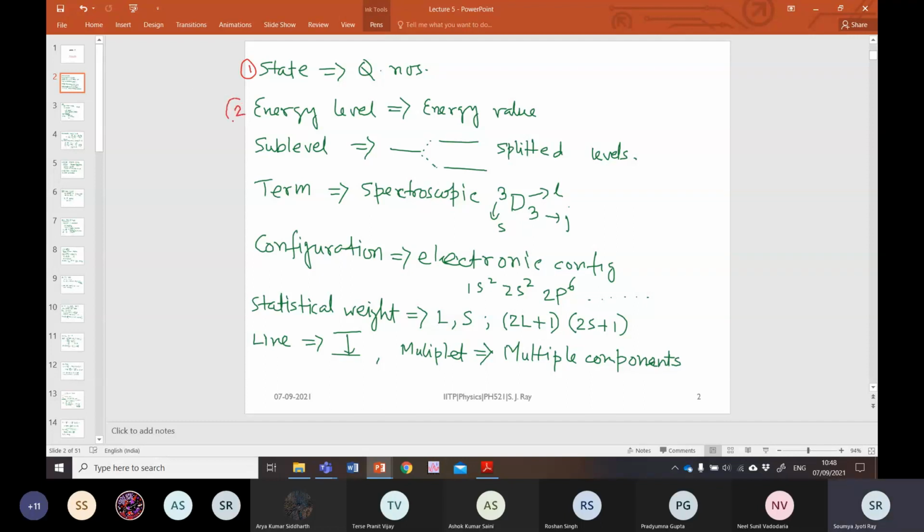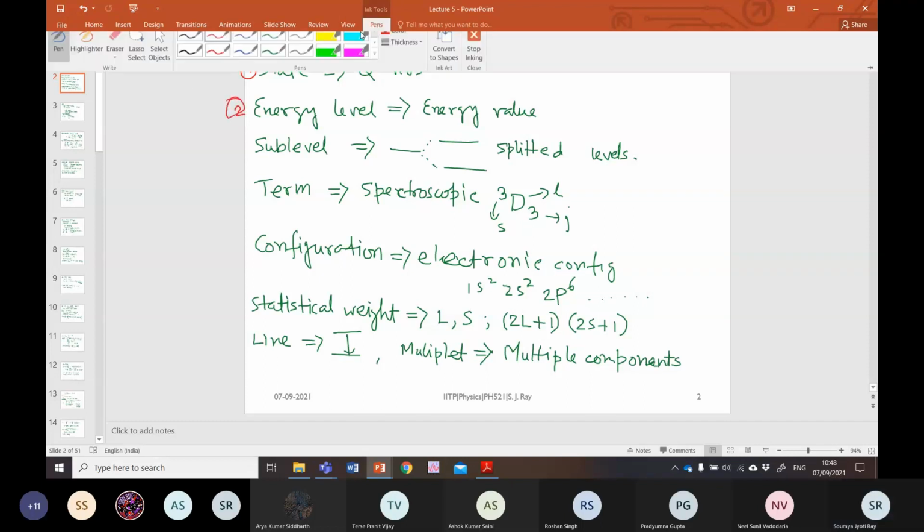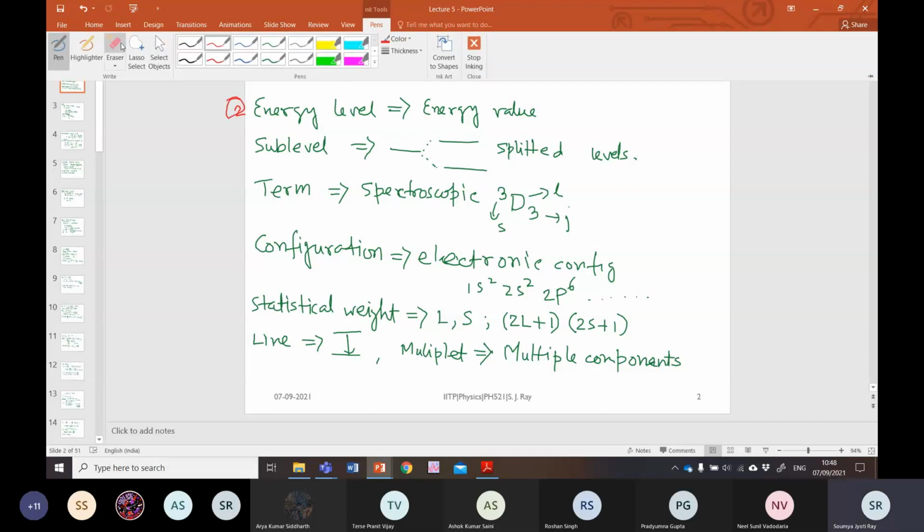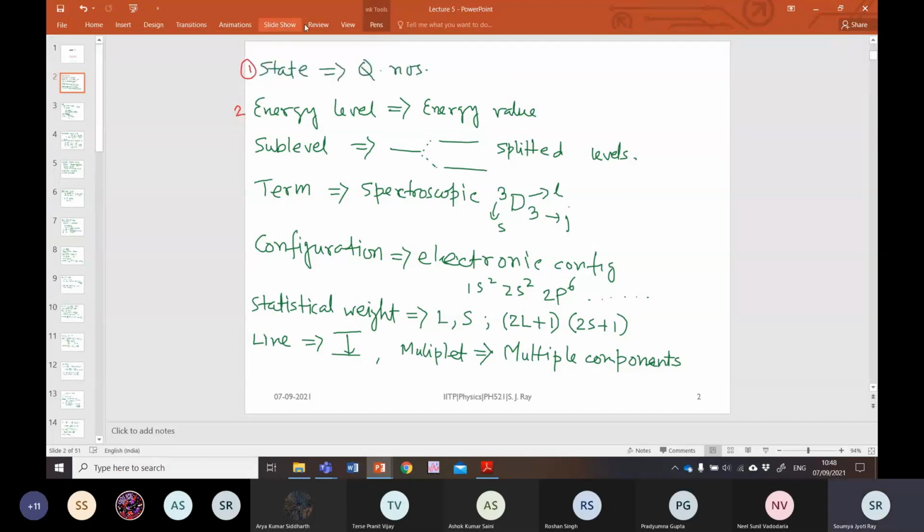The second term we will look at is energy levels. As you know, in a quantum mechanical system, we talk about energy levels instead of a continuum of energy, which means there are certain fixed energy values associated with certain states.